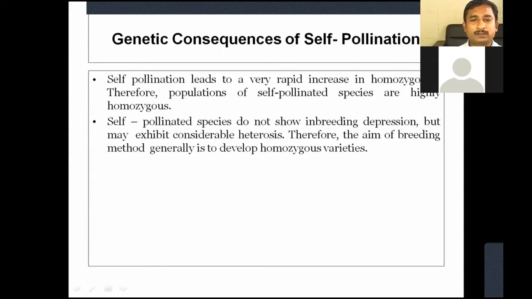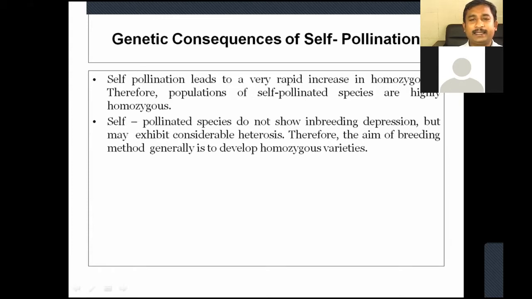What happens with marrying close relatives? There is inbreeding depression. Inbreeding depression means there are certain genetic diseases and genetic disorders which may occur. The progeny will be weak, not healthy, and will have some genetic problems. This is how inbreeding depression is a major problem.